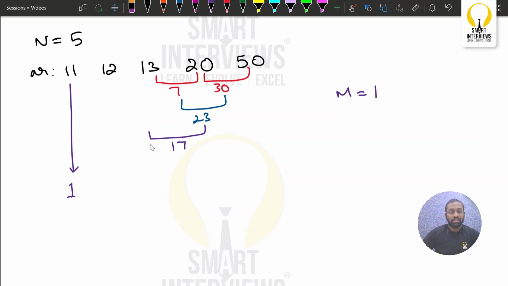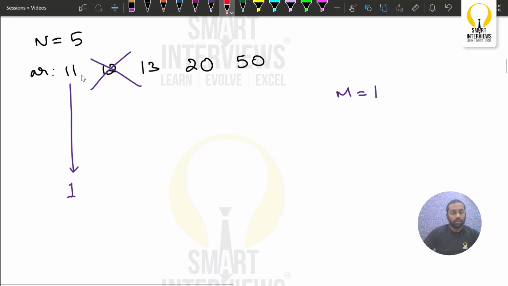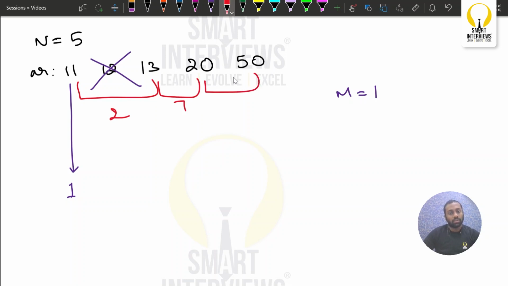Now coming to the next element removal. If I remove the next element, which is 12, what is the first element? 2. Second element 7. Third element is 30. Again, this is a strictly increasing array, just as 11, 13, 20, 50 was also strictly increasing. Now to check if the difference array is smoothly increasing, take the differences: 5, 23.